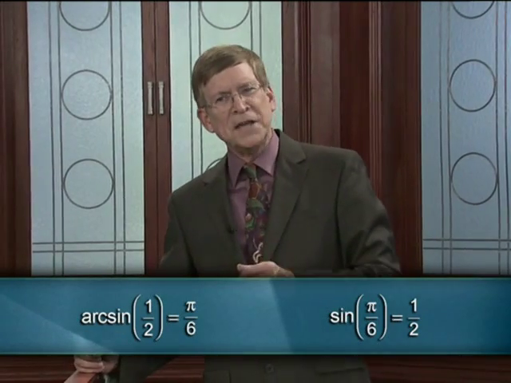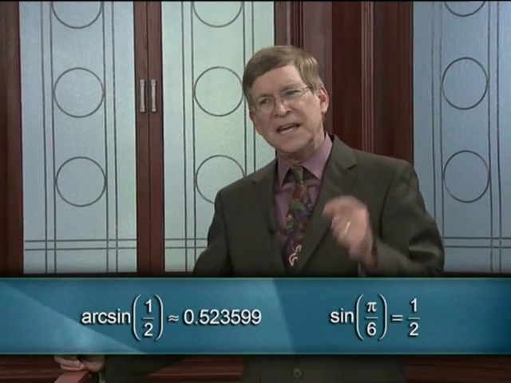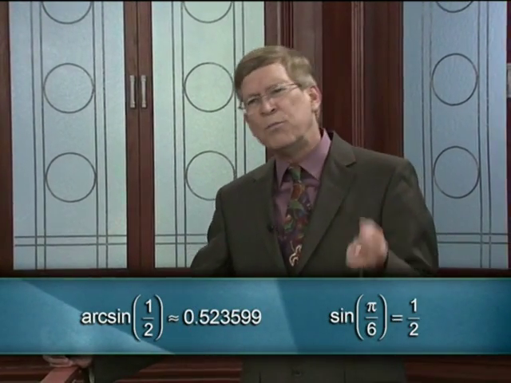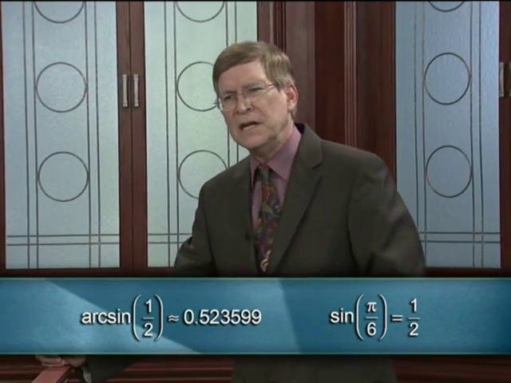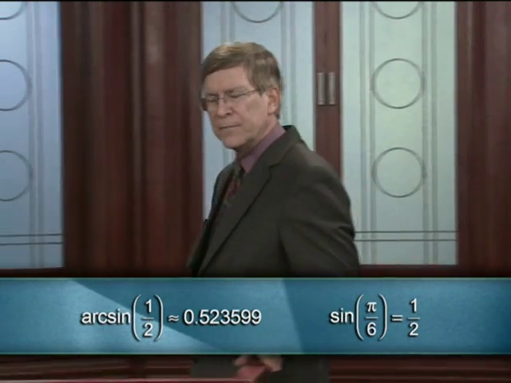I did that with my calculator, and the answer it gave me was approximately 0.523599. Now, some people would recognize that as being a decimal approximation of pi over 6. I'm not sure I would, but that is a decimal approximation of the exact answer, pi over 6.